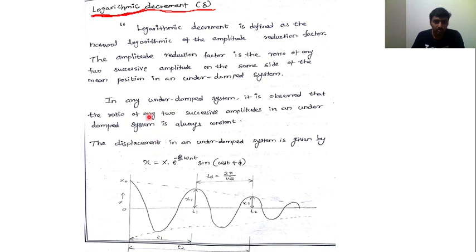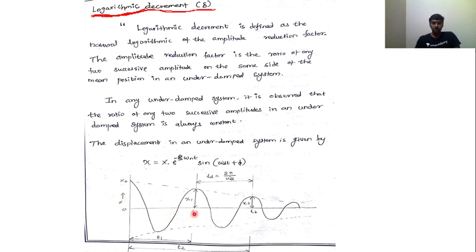Now we are moving to the bottom paragraph. Here is a diagram for the underdamped system. Here it's one cycle, from this point to this point, and from here to here another cycle. Cycle 2, cycle 3. So when time is equal to 0, at the initial position, the amplitude, that means the maximum displacement of the particle from the mean position, is equal to x0 at time t equal to 0.